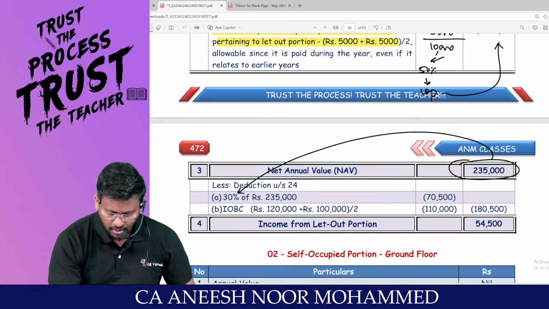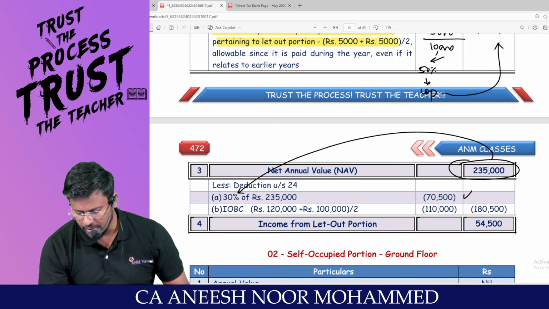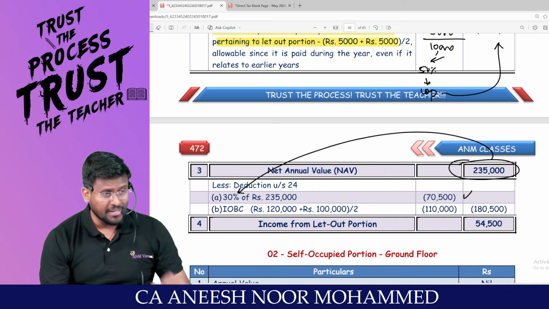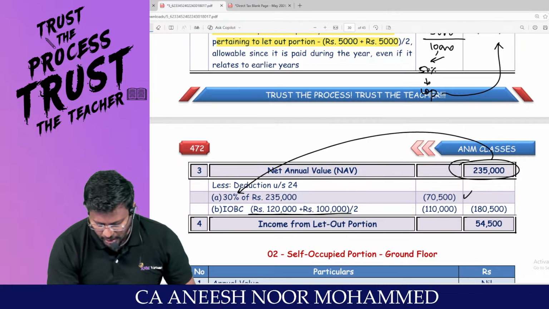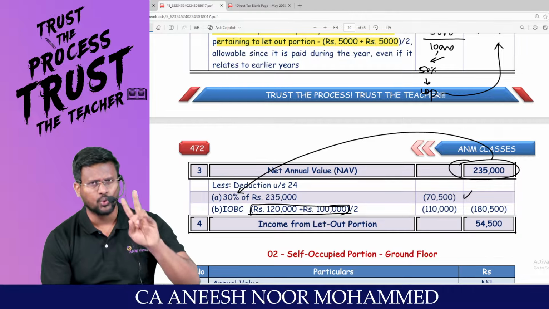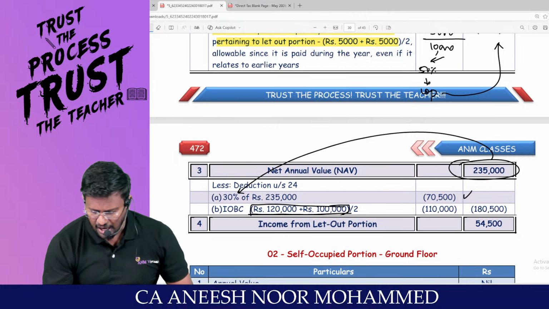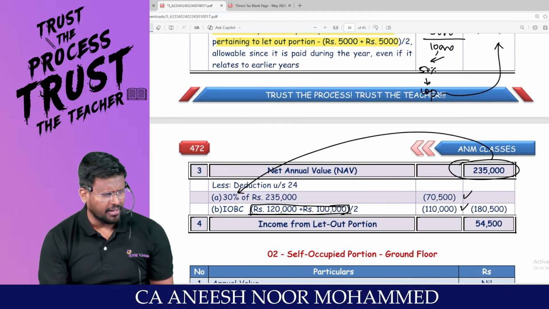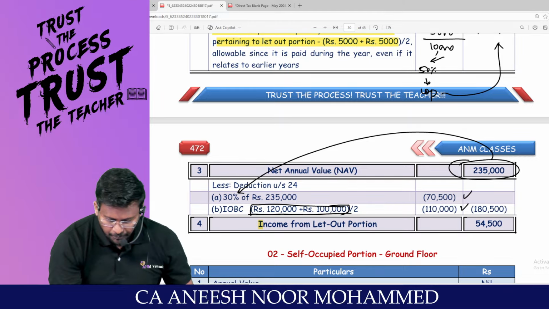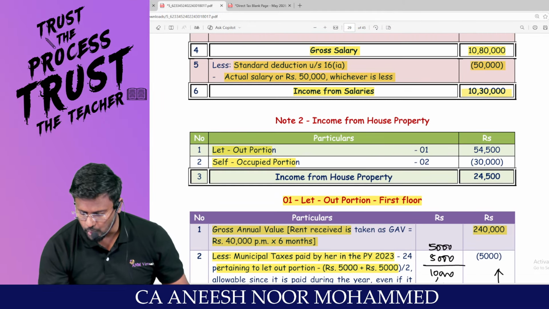On that claim 30%, which comes to 70,500. Already interest on borrowed capital is there. For the first 6 months, 1,20,000. For the next 6 months, 1 lakh. Total 2,20,000. Half of that comes to 1,10,000. There is no restriction for the let out property. So you will be getting income from let out portion 54,500.